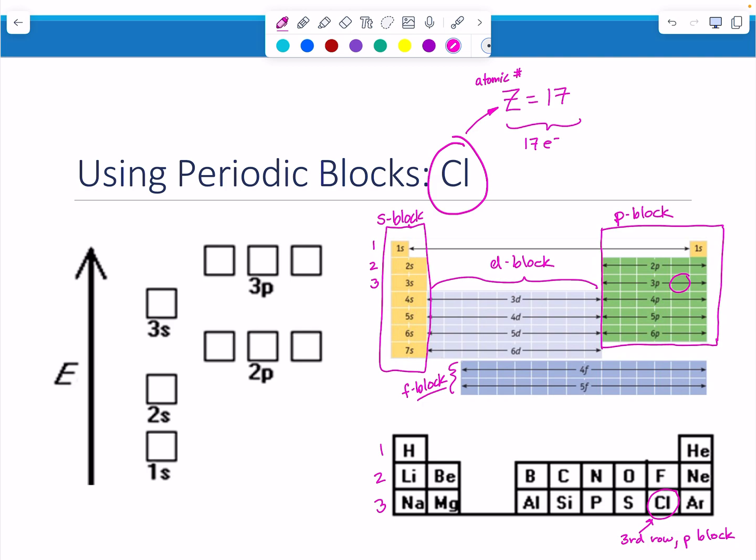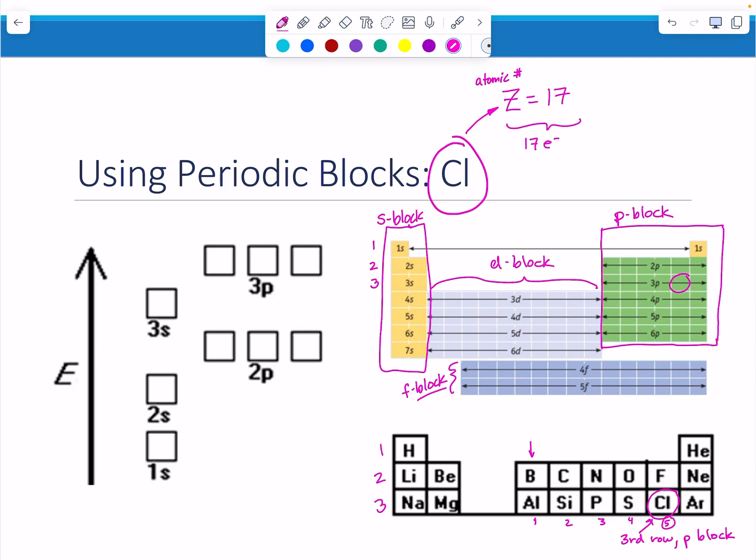Then we are going to count from the beginning of where the P block starts. So this is where the P block starts, and we'll count over: 1, 2, 3, 4, 5.